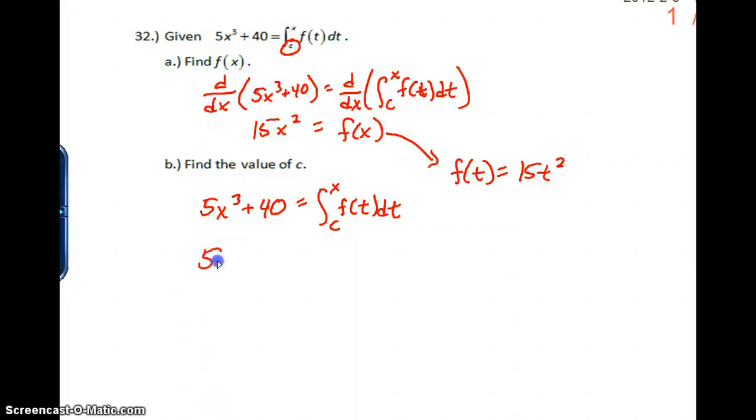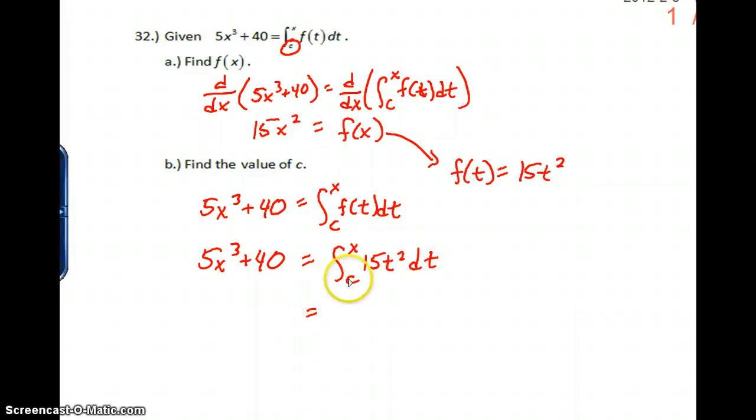Then really 5x cubed plus 40 is equal to the definite integral from c to x of, well, f of t up here is 15t squared dt.